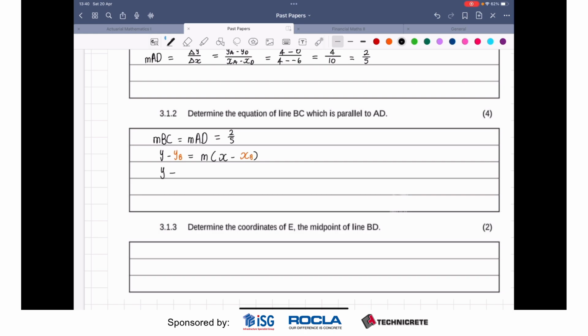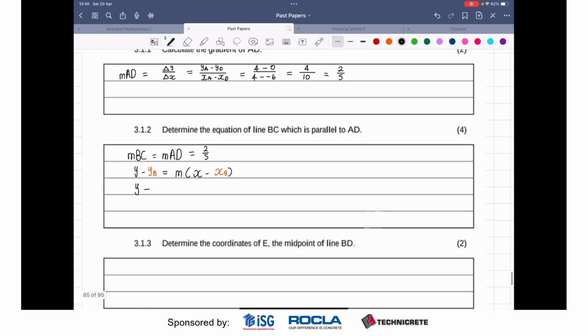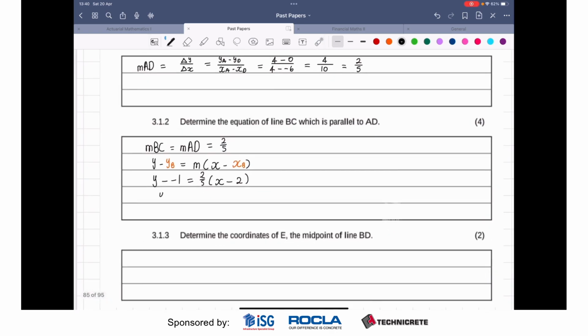I have y minus the y coordinate of B, which is minus 1, is equal to m, which is 2 over 5, and x minus the x coordinate of B, which is 2. Okay, this is y plus 1, and this is 2 over 5 times x, and then 2 over 5 times minus 2 is minus 4 over 5.